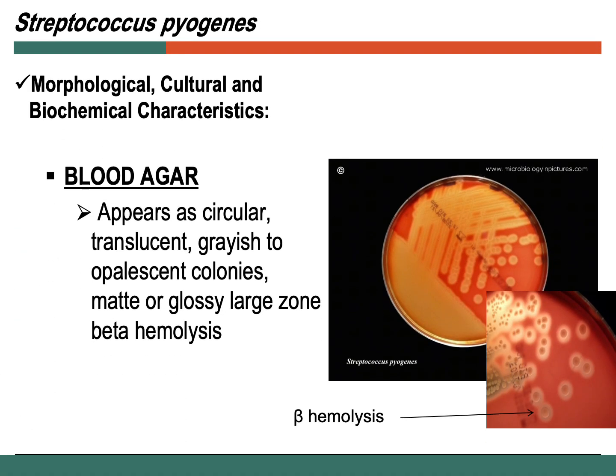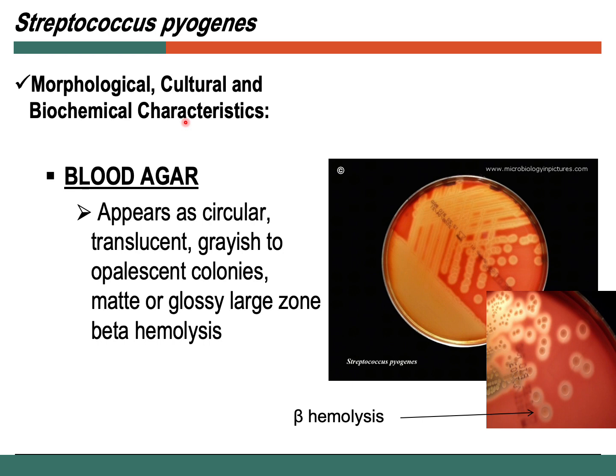So on a blood agar plate, your Streptococcus pyogenes appears as circular, translucent, grayish to opalescent colonies, whether it's matte or glossy, with large zones of beta hemolysis. Again, it's beta hemolysis.